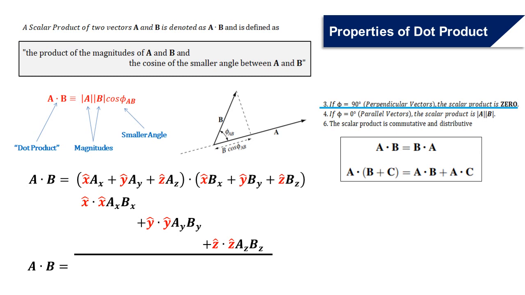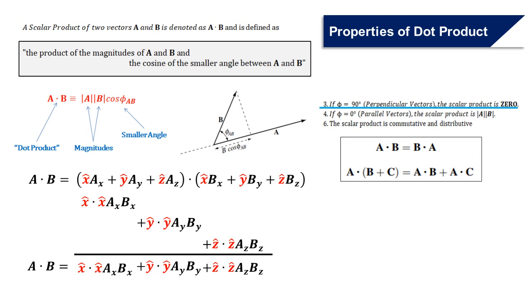Therefore, yung ating dot product will be x hat dot x hat a sub x b sub x plus y hat dot y hat a sub y b sub y plus z hat dot z hat a sub z b sub z. Now, the fourth property na diniscuss din natin kanina is that if the vectors are parallel, so same sila nung kanyang axis, the scalar product is the product ng kanilang magnitude.